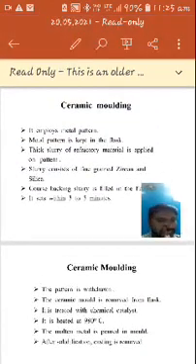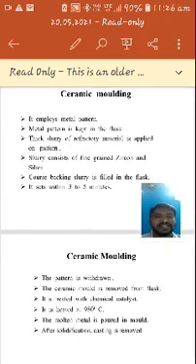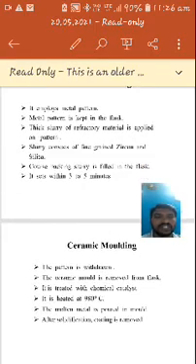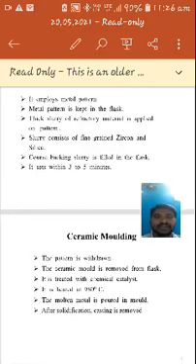It is generally used for metal patterns. Here we use a slurry, which is fine grained zircon and silica. Within 3 to 5 minutes it will be set.